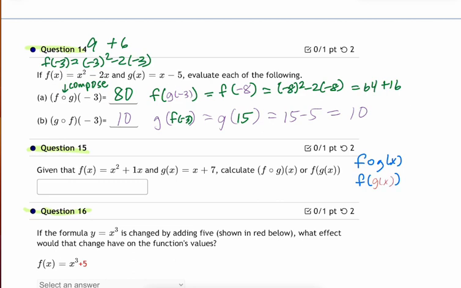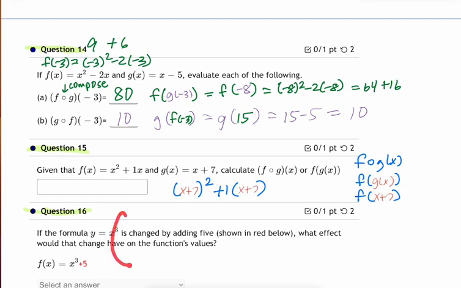We're sticking g of x into f. So let's write g of x right there. G of x is this function here, x plus 7. That will be our input. Now, when we input that, that is going to be whatever we input squared plus 1 times the input. So whatever we input squared plus 1 times our input.